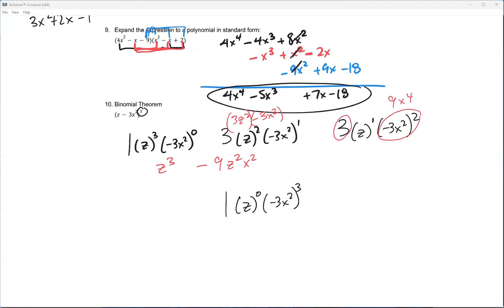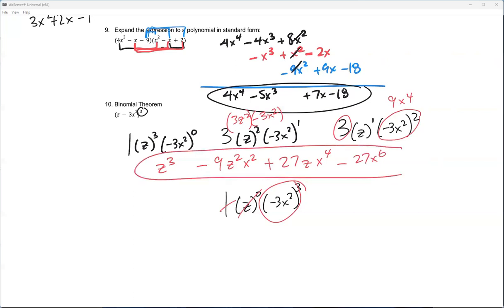So it would be plus 27z x to the 4th power. And then minus, this is right here. You can ignore this and this because it's 1 times 1. So that is minus 27x to the 6th power. And this is your final answer. This is from this right here. Okay.